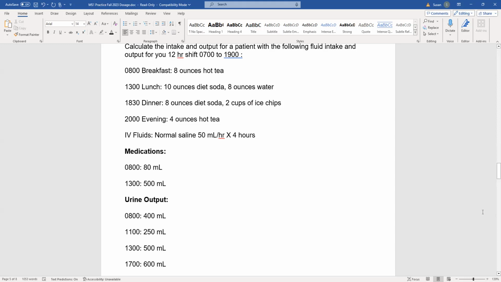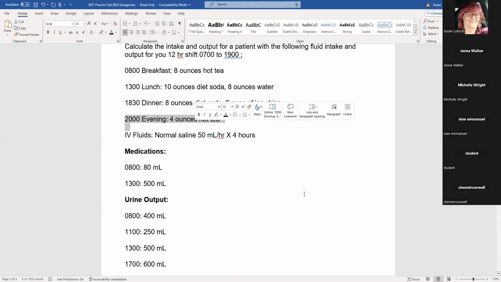Okay, so this here wouldn't be added in here because that's at 2000, which should be 8 p.m., right? That's past our time, so that shouldn't be calculated in. I may have put it in on the answer by accident.